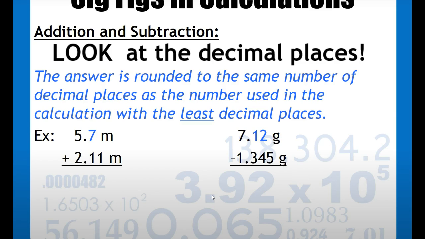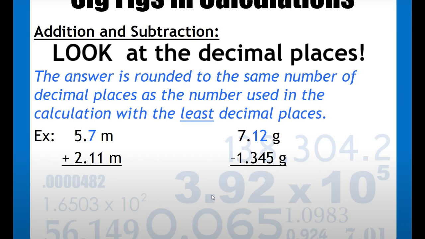So we have different rules for addition and subtraction versus multiplication and division, but addition and subtraction are the same rules. So I don't have a different rule for addition and a different one for subtraction. It's just for addition and subtraction, I have one rule. Multiplication and division, I have another. So for addition and subtraction, you need to look at the decimal places, so any numbers after the decimal.